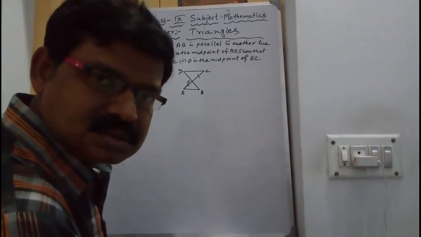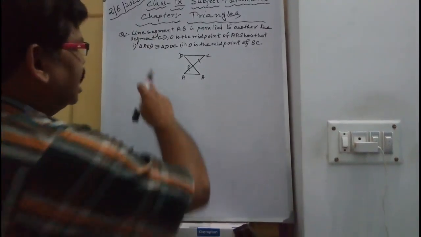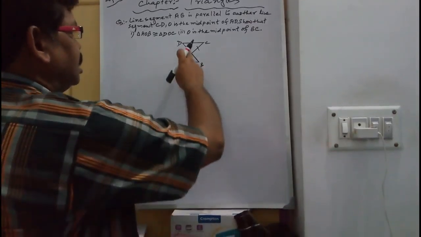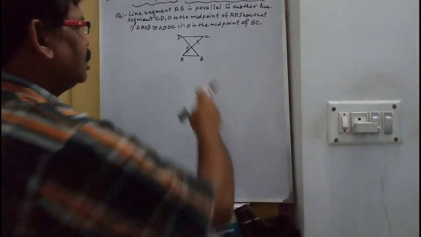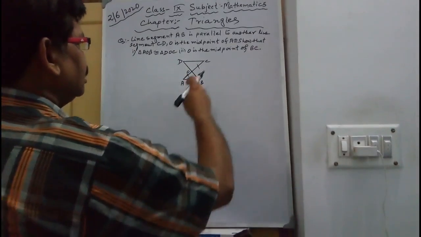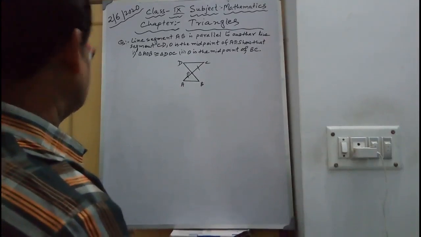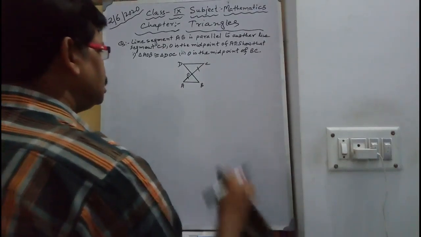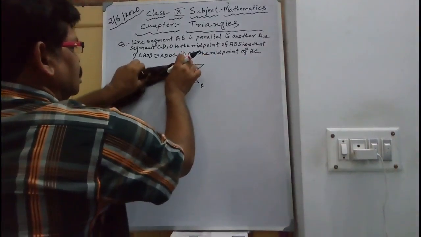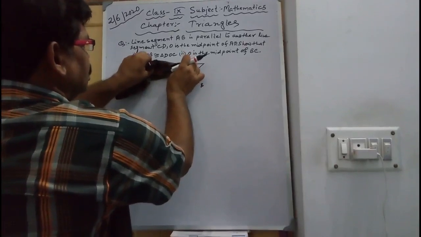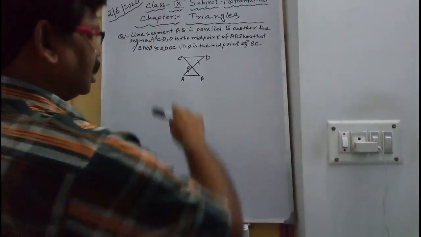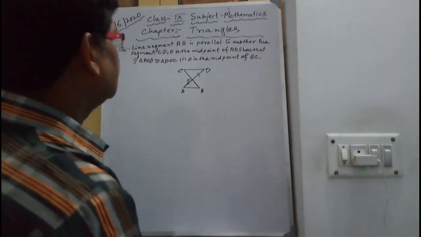Good morning, students. The question is: line segment AB is parallel to line segment CD. O is the midpoint of AD, that is D, and this one C. O is the midpoint of AD.